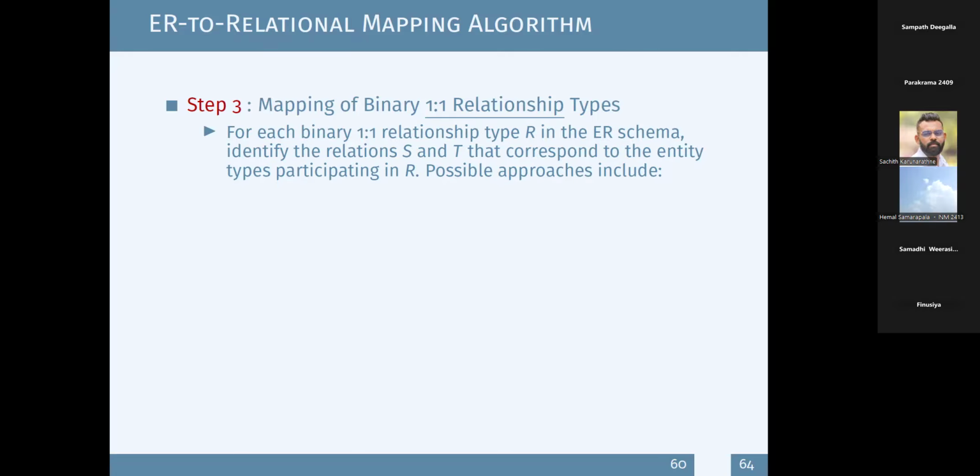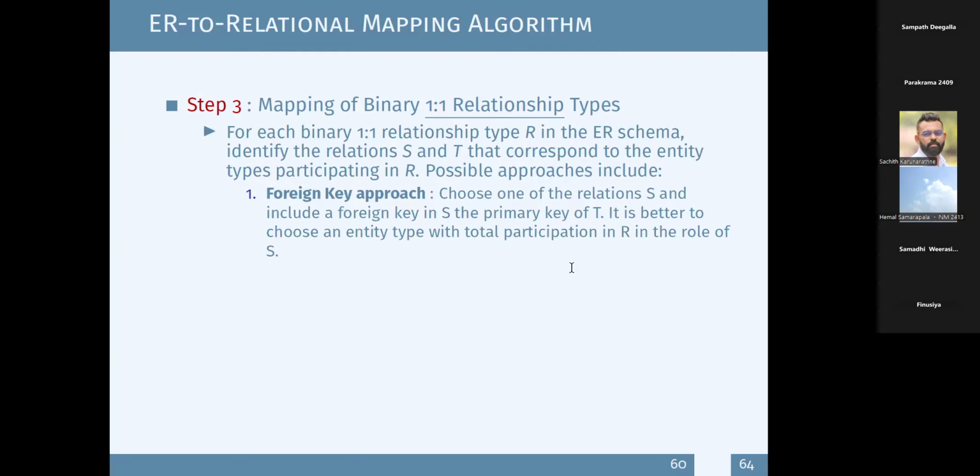For each one-to-one relationship in the ER diagram, we have to identify relations S and T for the corresponding entities, right? So as I told you earlier, there are multiple possibilities. You can use the foreign key approach. Foreign key approach means you are going to have one common attribute, and that common attribute we use as a foreign key, which connects us to the primary key of the other relation, right?